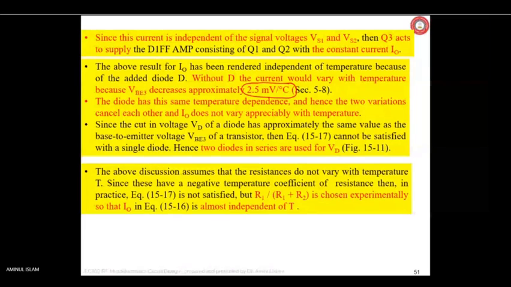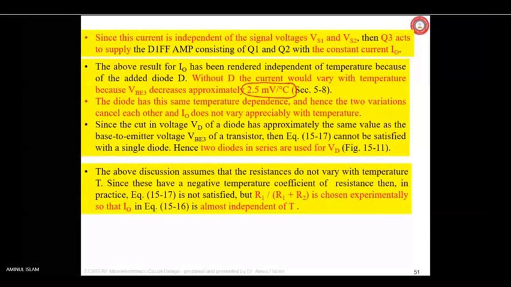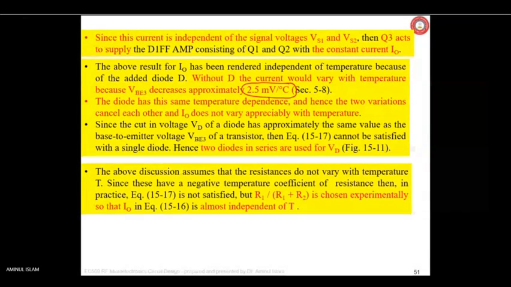VBE will decrease if you increase the temperature, by 2.5 millivolt for every degree centigrade increase.